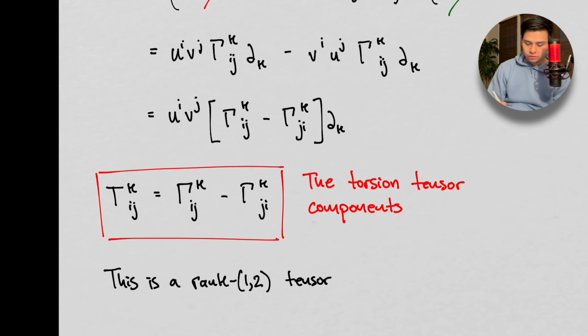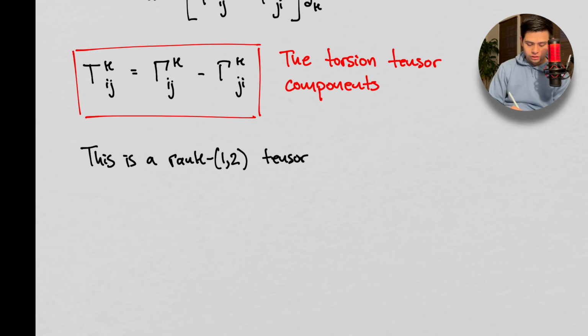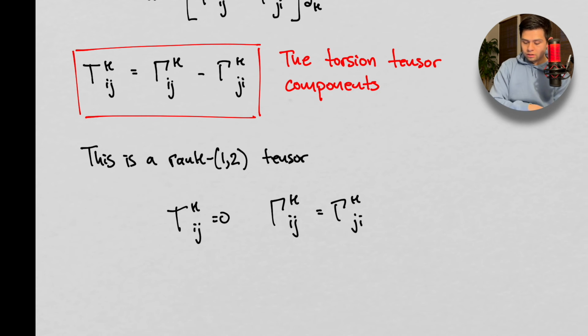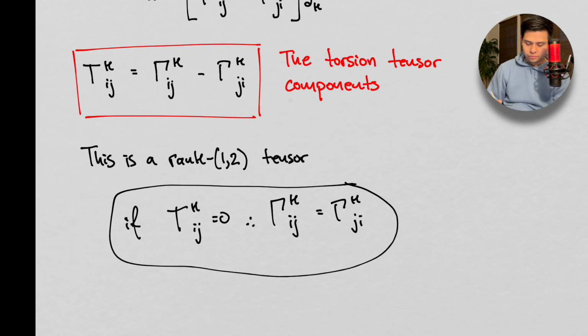If torsion equals 0, if T k i j equals 0, well, that means that the connection Gamma k i j equals connection Gamma k j i. Right, so if torsion equals 0, then we get this relationship right here. This is a rank 1, 2 tensor.